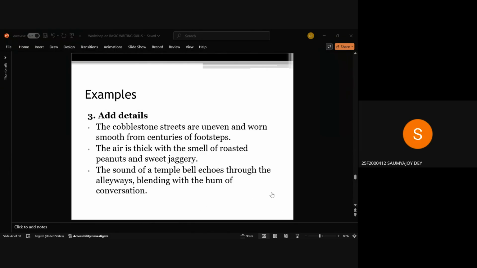Ma'am, I have a question. Yeah. When I am writing such things, after going through my paragraph, I mark out the words where I feel that I am not able to express my feelings properly. So what is the way of editing and correcting them and putting in the proper expressions? Yeah.